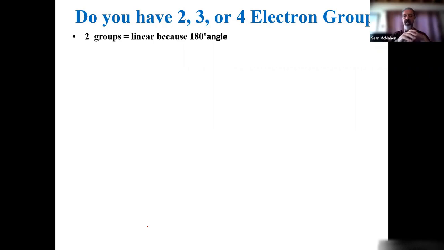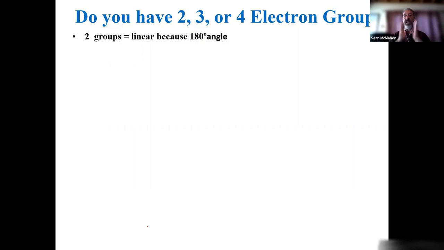And when you have central atoms that are in the 3rd energy level or beyond, they can actually expand the octet and have more than 8 electrons around them. This course doesn't focus on that. So our focus is at most 4 electron groups: 4 single bonds, or 3 lone pairs and a single bond. That's the most.